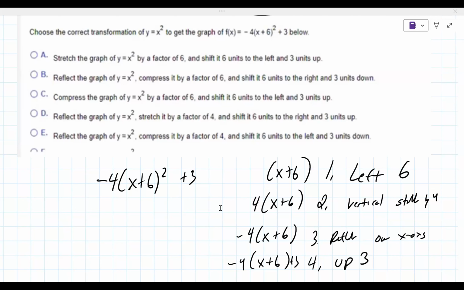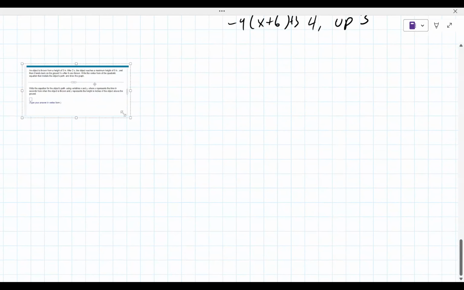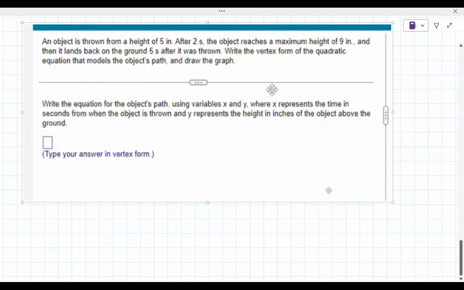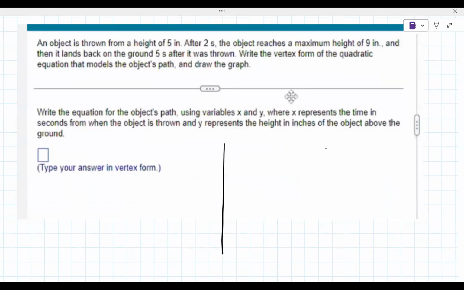Okay, I am ready. So the next problem here says an object is thrown from a height of 5 inches. After 2 seconds, the object reaches a maximum height of 9 inches, and then it lands back on the ground 5 seconds after it was thrown. So here's what's going on.